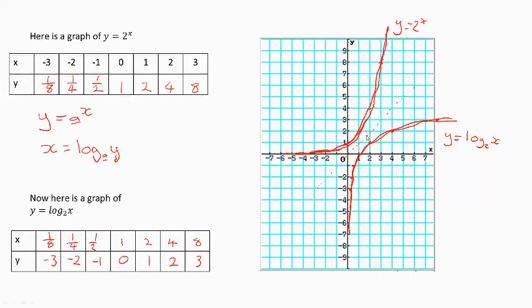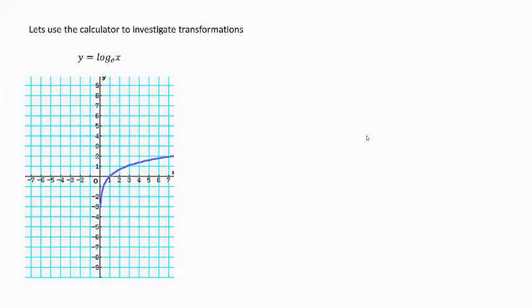Okay, let's start transforming these by looking at some of the variations. I'm now going to use the calculator to draw my graphs rather than my attempts by hand. We're going to draw y equals log to the base e. So in blue, I've got y equals log to the base e of x.